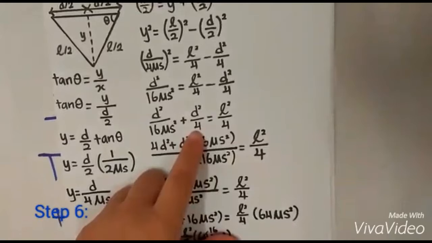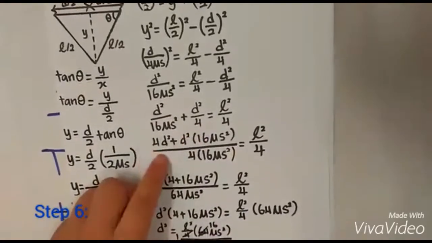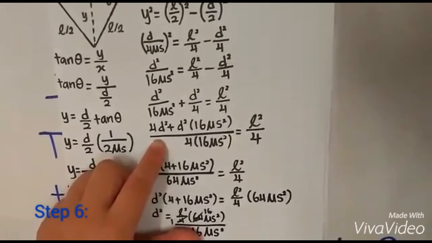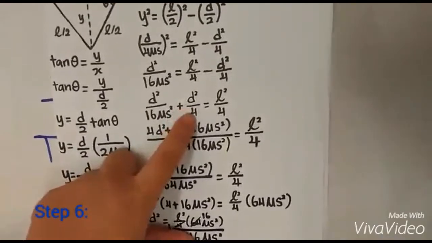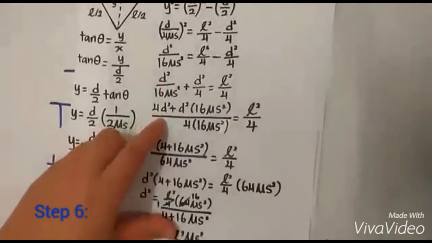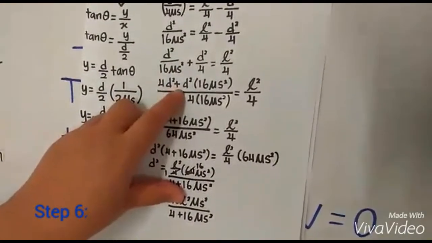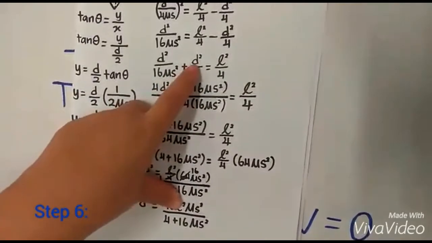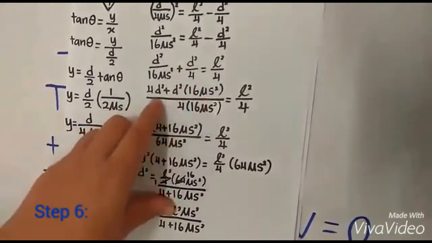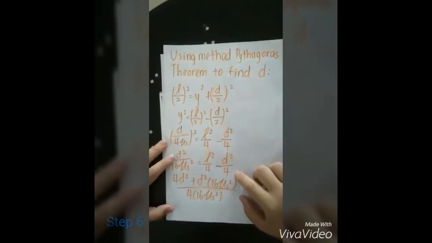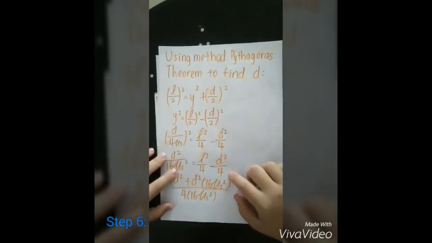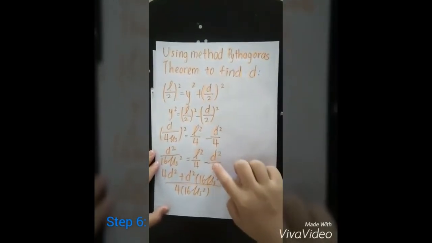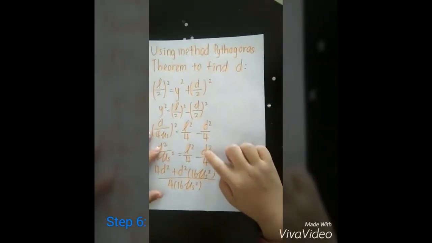So to get the same denominator, we do it like the normal mathematics problem solving. d square divided by 16 mu s square equal to L square divided by 4 minus d square divided by 4. And then d and d are the same, right?